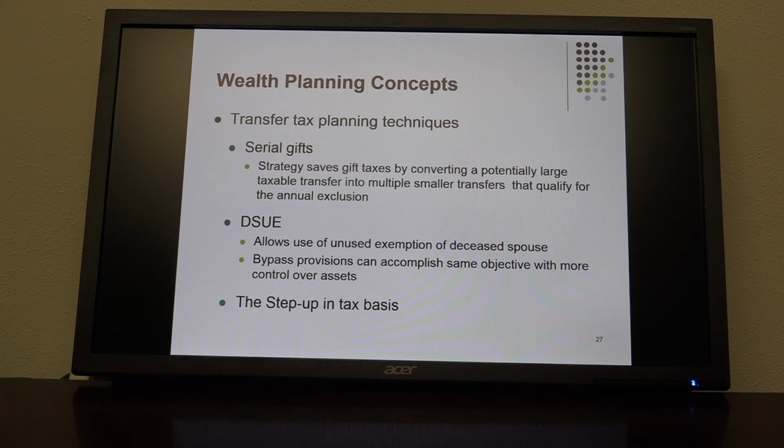This is about giving over several years to several donees, okay? It's repeat giving throughout the years. And so remember, you have a yearly exclusion per donee of $14,000, at least in year 2015. It may go up.